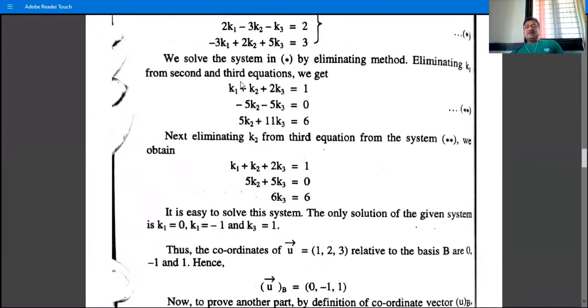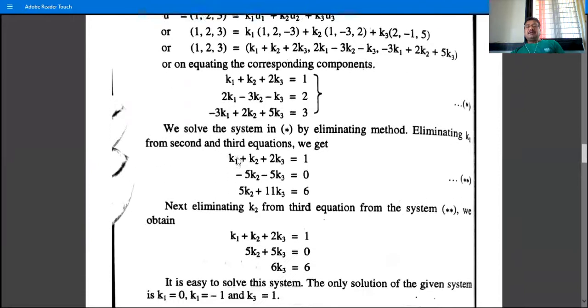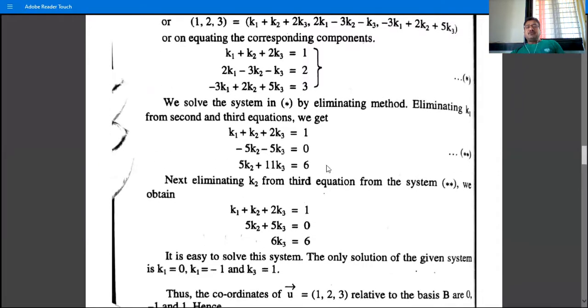In order to solve this system, apply the Gauss elimination method. Just form the augmented matrix and reduce the matrix to echelon form. Don't follow this procedure.